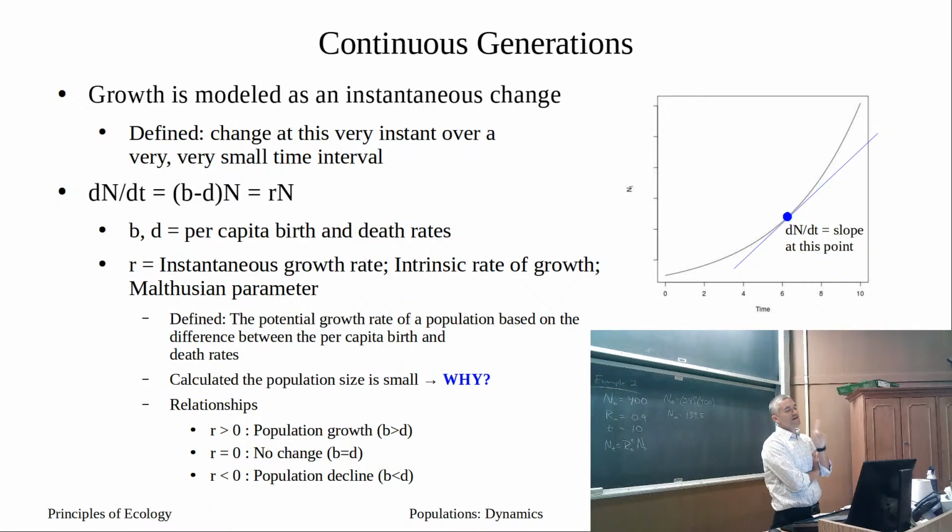So we can calculate its potential growth rate. Keep going. Over time. Why would you say potential? Okay, you expect it to get larger. What's going to happen when our population gets larger?